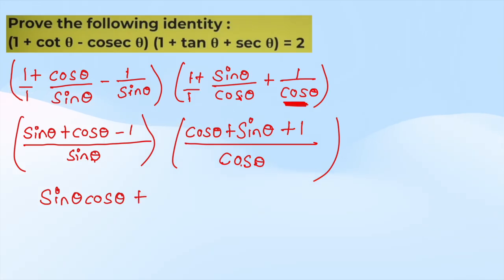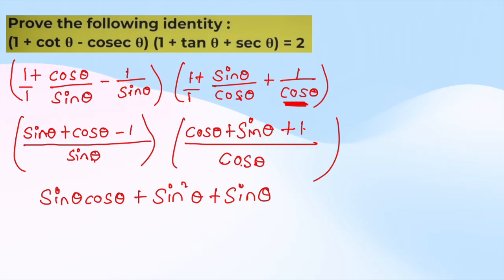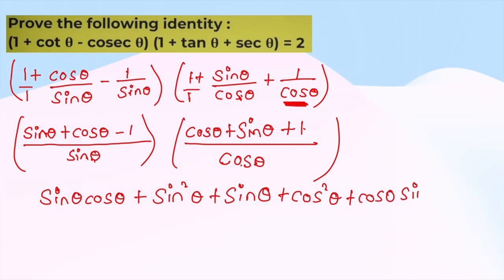Now this sine theta into sine theta cos theta: we did sine theta into sine theta, sine square theta. Sine theta into 1, sine theta. Take the other term now. Now cos theta will multiply with all these things, right? So cos theta into cos theta, cos square theta. Cos theta into sine theta, cos theta sine theta.